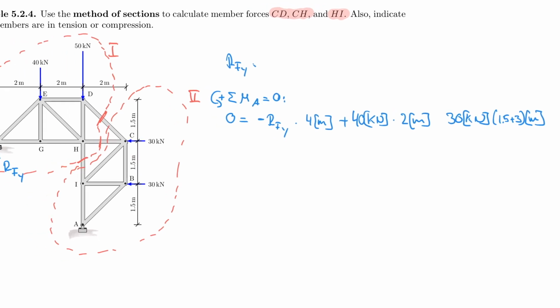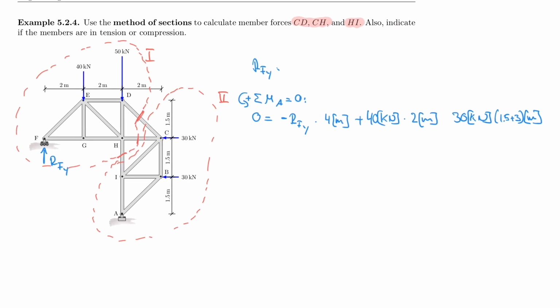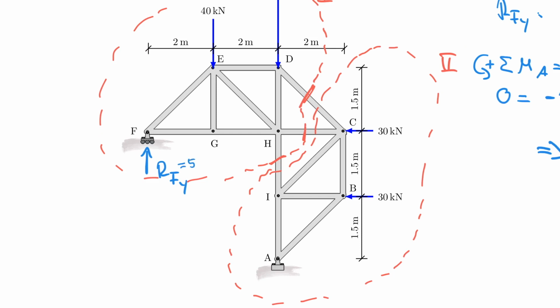And they both rotate the same way around, otherwise I couldn't have combined those, but they both turn counterclockwise, therefore that's also positive. And if you solve that, you will find that RFY is equal to 57.5 kilonewton, and that is positive, therefore we assumed correct. So here we have 57.5 kilonewton.